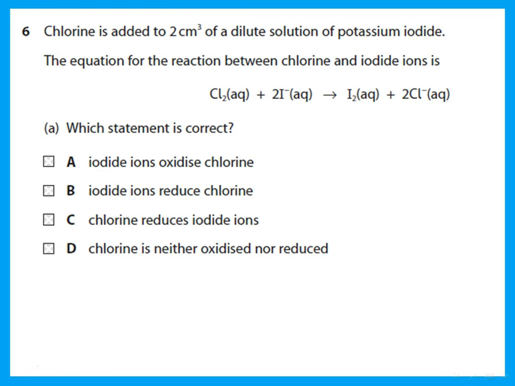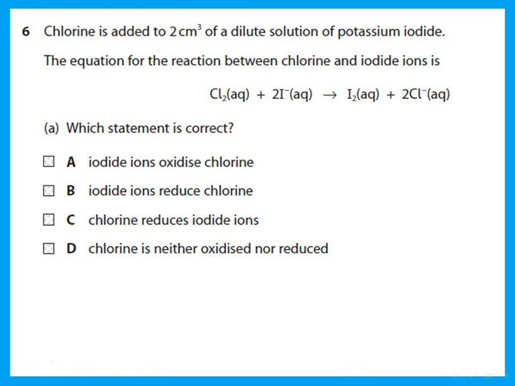Then he says chlorine is added to 2 centimeter cubed of a dilute solution of potassium iodide. The equation for the reaction is this. Which statement is correct? So let us look at this. What is happening here? The chlorine changes to chloride, and that means it gains electrons. Gain of electrons is reduction. So chlorine is reduced.